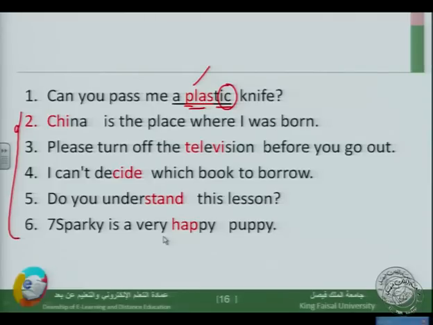Go back to the rules and check the answers for these sentences. Okay? China is the place where I was born. China. Stress should be on the first syllable. Why? Because it's a noun of two syllables.